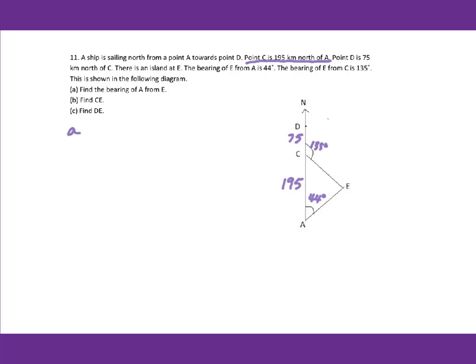For A, find the bearing of A from E. So we need to draw this vertical line pointing at the north. We are looking for this angle, the bearing of A from E means this angle. Let's extend this line.